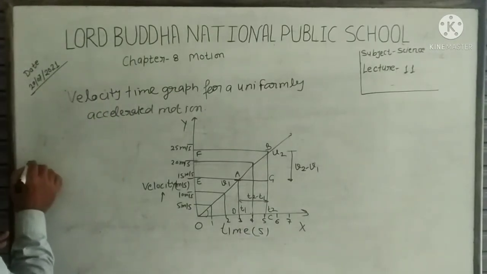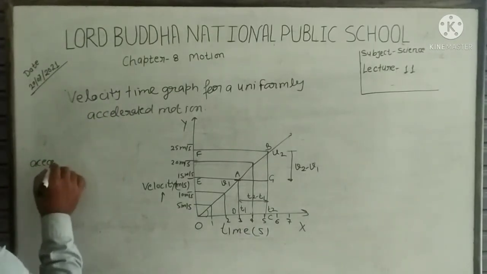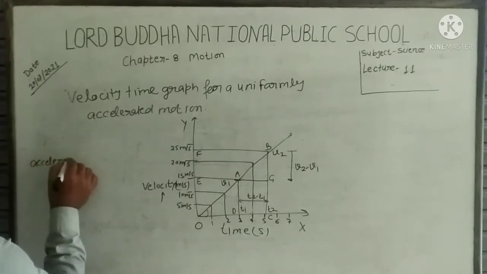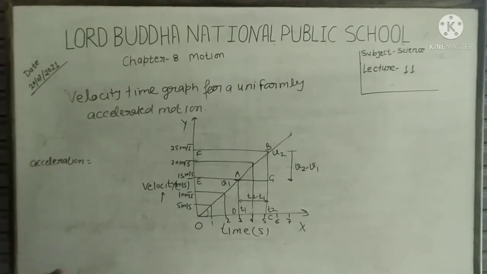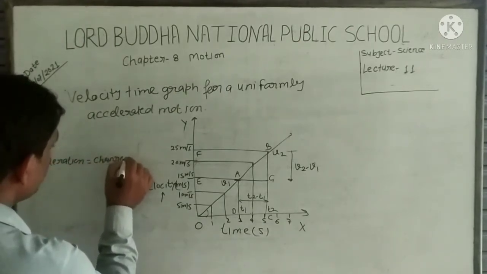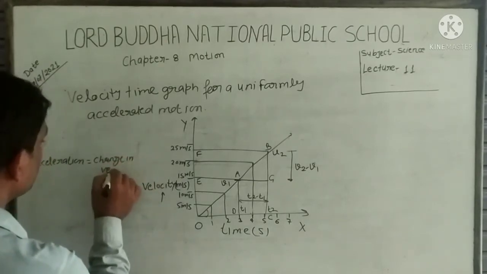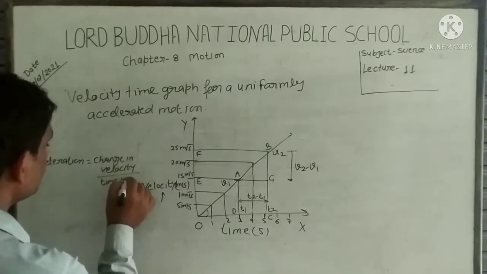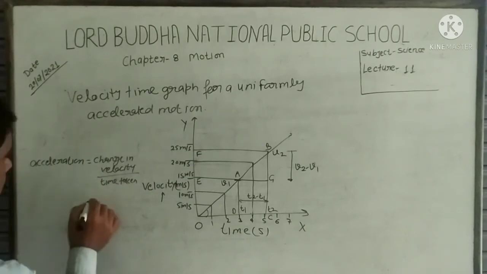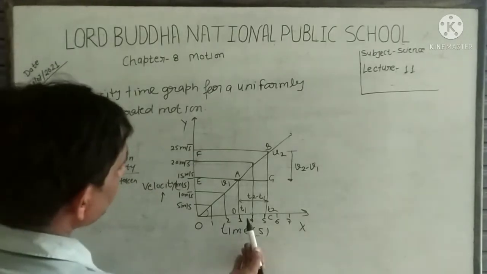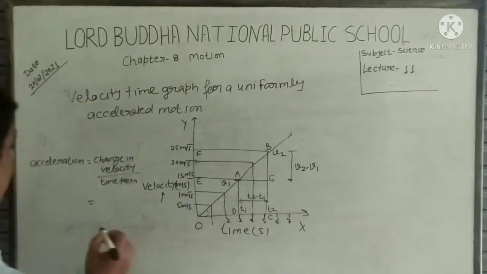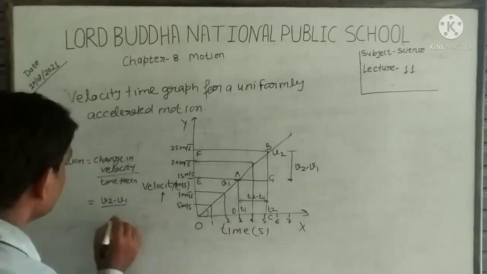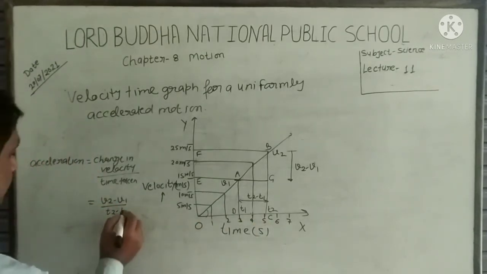Now acceleration, we know that by definition, acceleration equal to change in velocity upon time taken. Here, the change in velocity between the interval t1 to t2 is v2 minus v1, and the time interval is t2 minus t1.